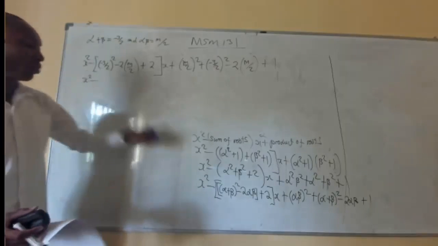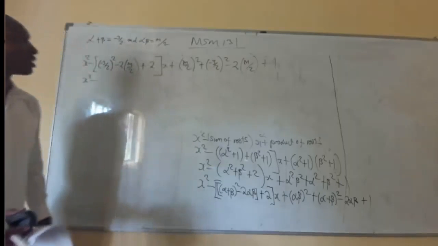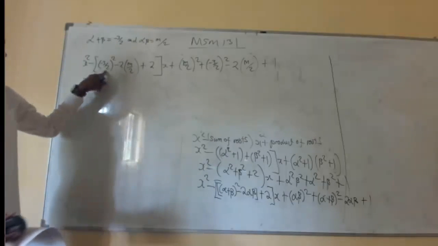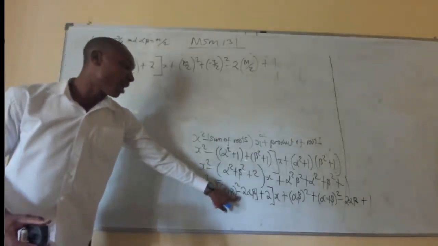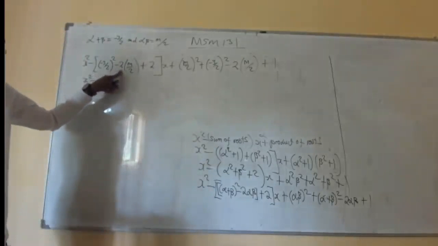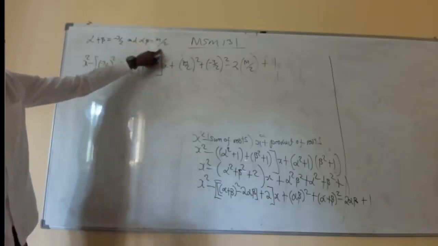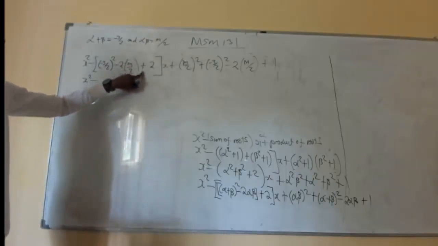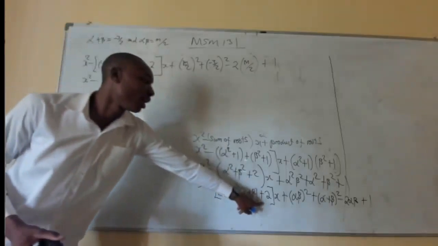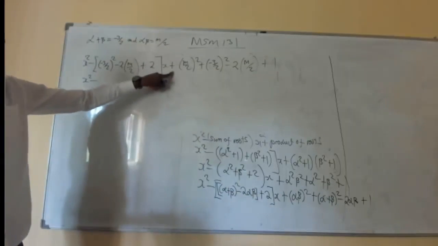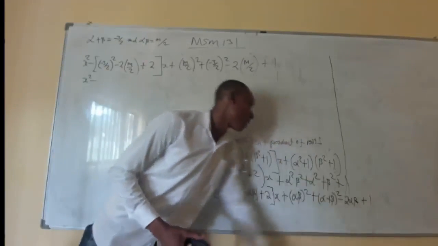Okay, so if you are checking what we're doing, we started with x squared, then minus, that's the minus here. We replaced alpha plus beta, we know it's negative 3 over 2, so that's the negative 3 over 2 squared minus 2 alpha times beta, which is m over 2. Alpha times beta is m over 2. Then plus 2, these two here. Close x, then plus. We're now looking at this other part here.